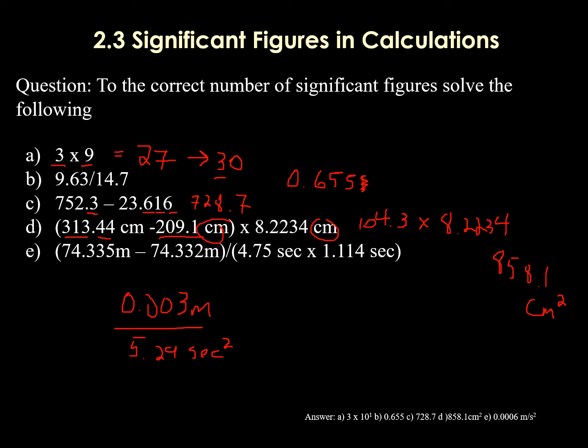So when I do this calculation, I get 0.00056. However, we want 1 significant figure, so it's going to turn out to 0.0006, and the unit will be meters per second squared.